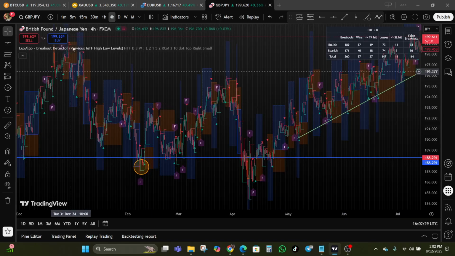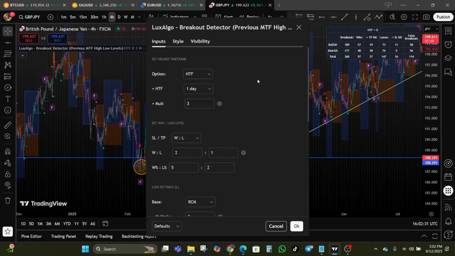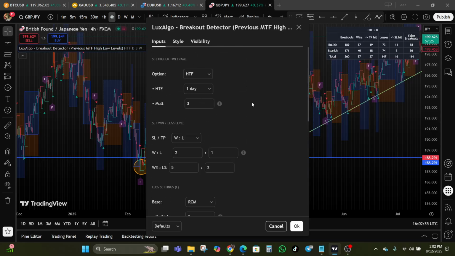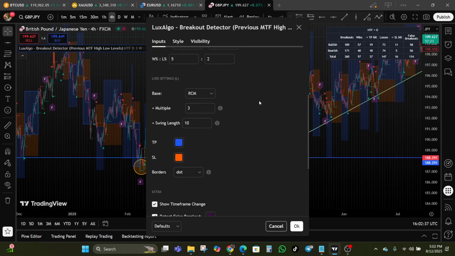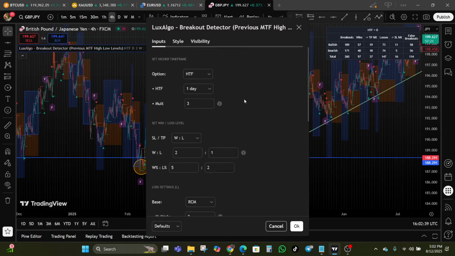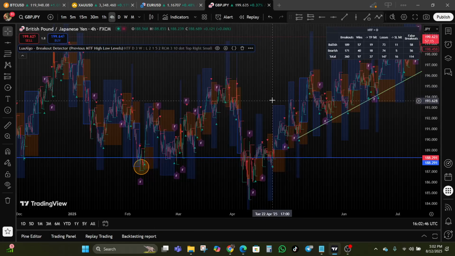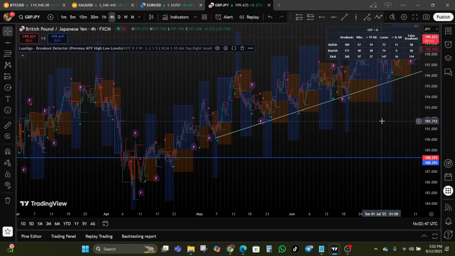You can actually go into the settings and adjust the settings according to your trading style, the higher time frame and all of that. But basically if you are new to this indicator, there is no need to adjust any settings.